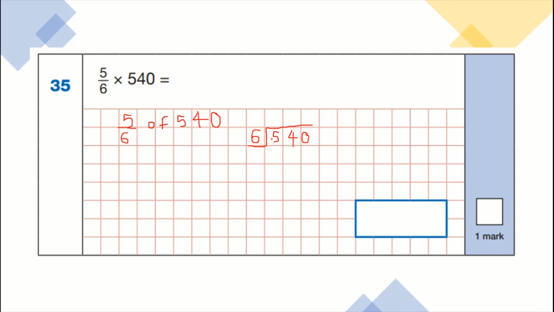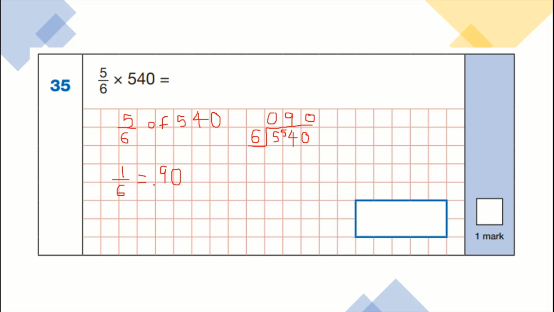So how many 6 in 5? 0, carrying over the 5. How many 6's in 54? That will be 9. How many 6's in 0? That will be 0. So 1 over 6 equals 90.